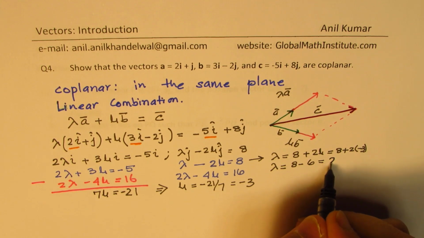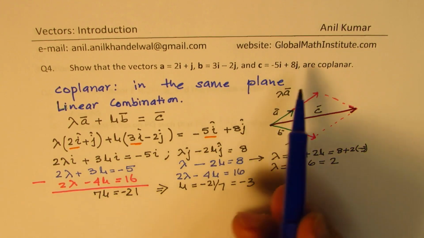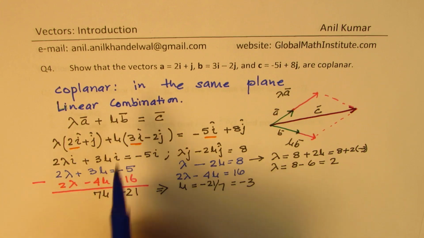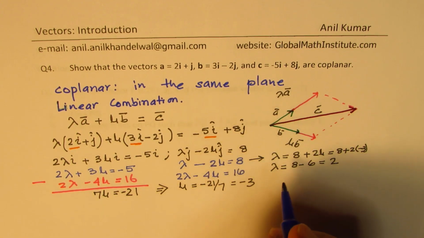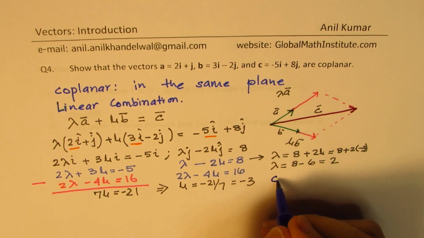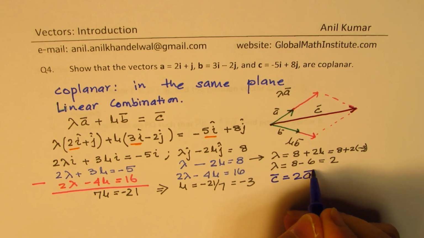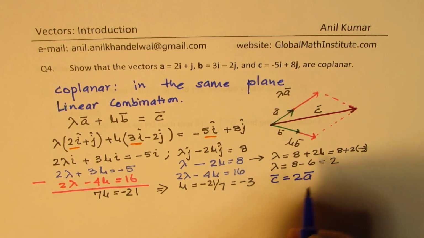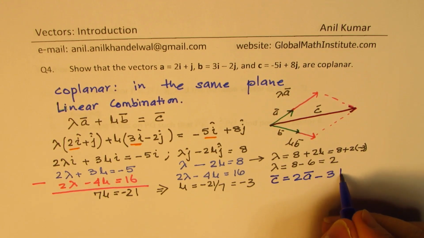The value is 2, correct? So we have a combination. We know the value of lambda and mu, and we can write C as a combination of A and B. That means they are coplanar. Perfect. So we can now write that the vector C is equal to, lambda is 2, so 2 times vector A, and mu is minus 3, so minus 3 times the vector B.